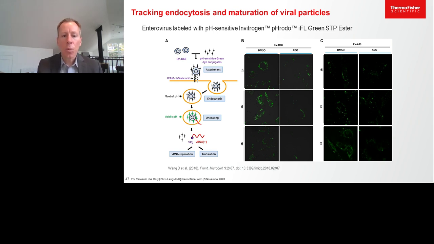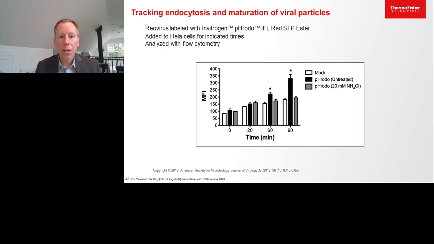Now, we can perform a quantitative analysis with the same type of pH-sensitive dye, in this case using reovirus labeled with the red version. So pHrodo iFL Red STP ester was used to label this virus. Then it was added to HeLa cells for the indicated times in this chart. And then with flow cytometry, we can just ask how bright is each cell in that red channel.